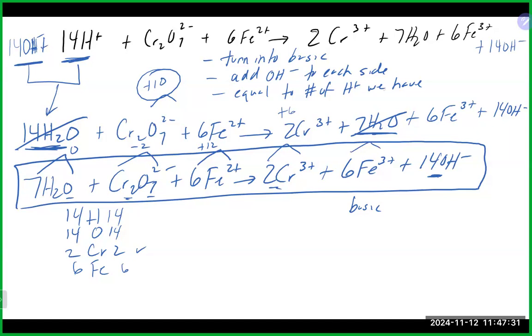This guy here will give us a +18. And this guy here will give us a -14. So +18 -14 is a net +4, and +4 and +6 gives us a net +10 on the right-hand side. So it is balanced in basic conditions at this point.